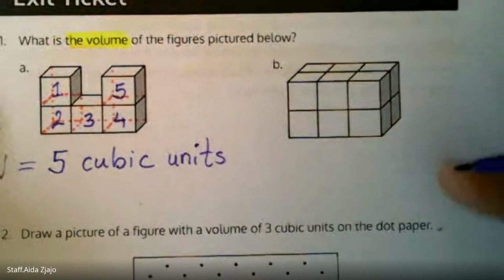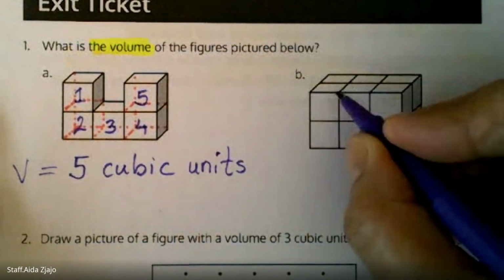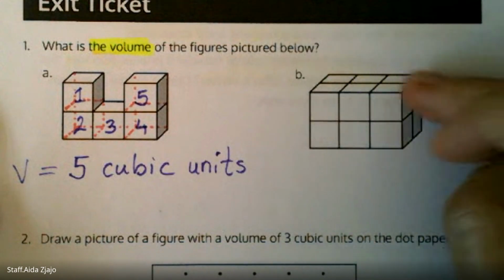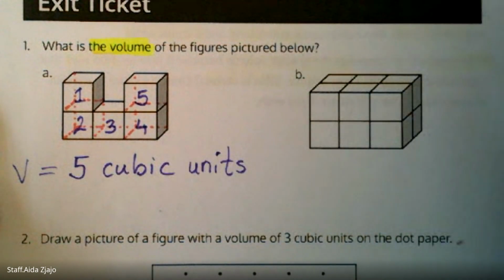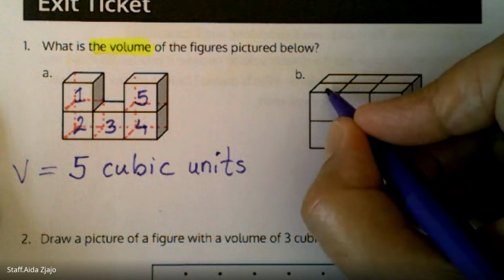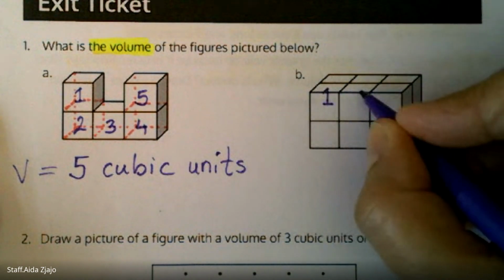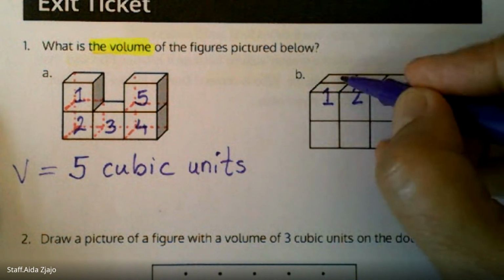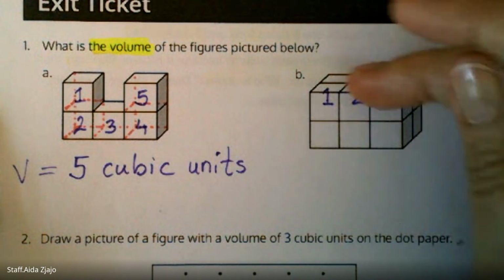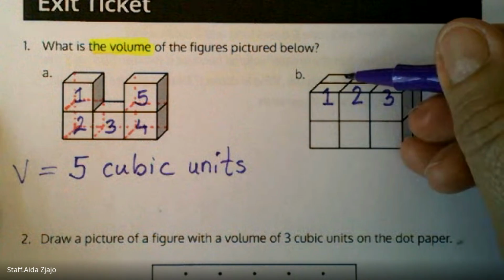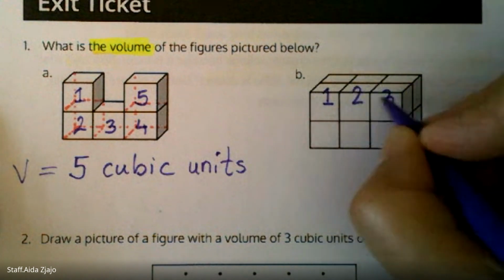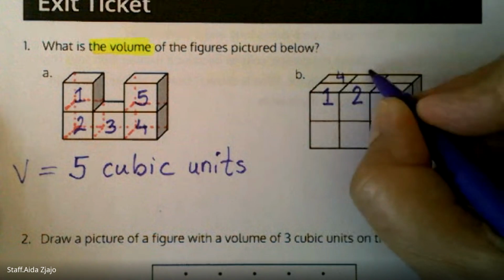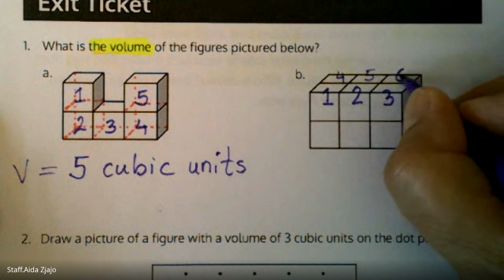This one we can think of as layers. If you find what the top layer is, I know this has to be 1, this is 2, this is 3. Behind is also cube because this cannot just lay in the air. It's also cube. 1, 2, 3, 4, 5, 6.